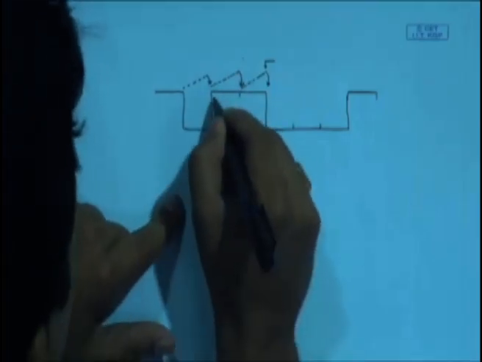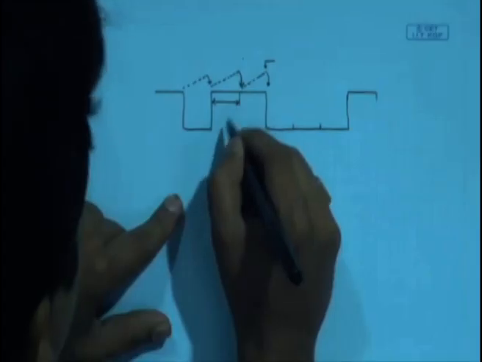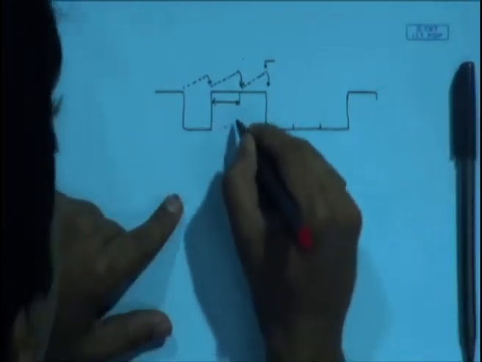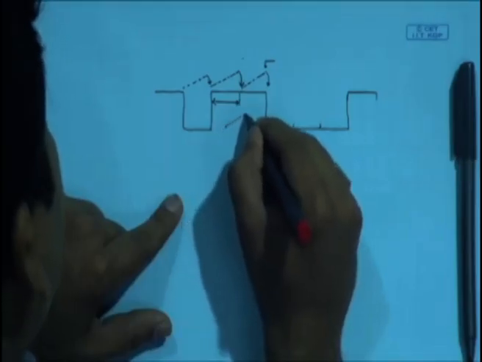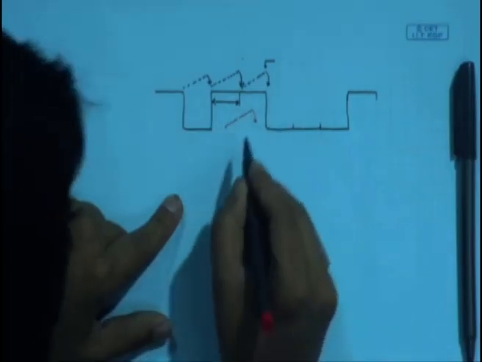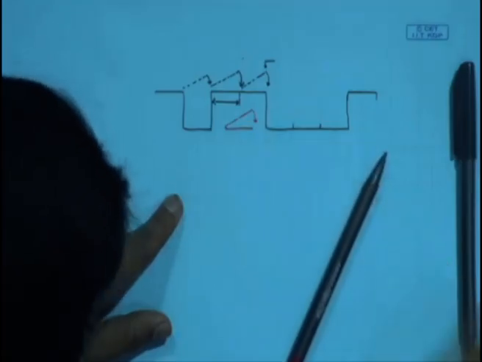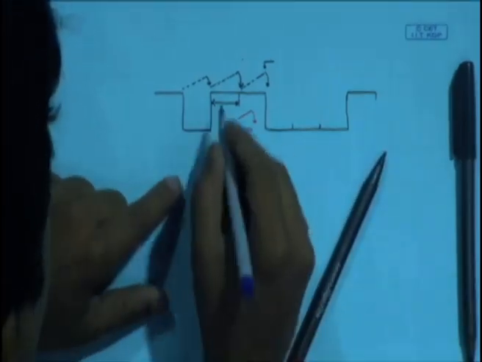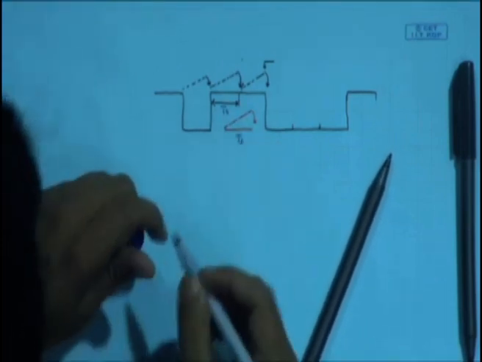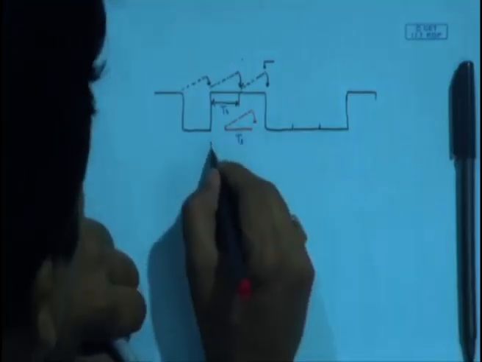Now, instead of having perfect synchronization, suppose the receiver starts the integration at this point. If it does integration at this point and dumps at this point, that means it is ensuring that there is exact timing between the transmitter and receiver. Let us say this is Ts. Ts is exactly the same. However, there is a phase mismatch.